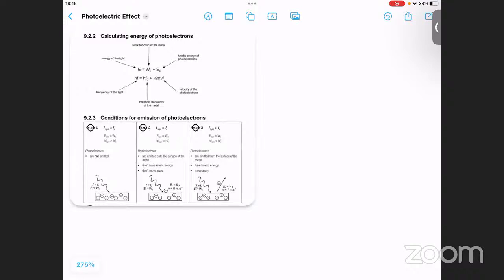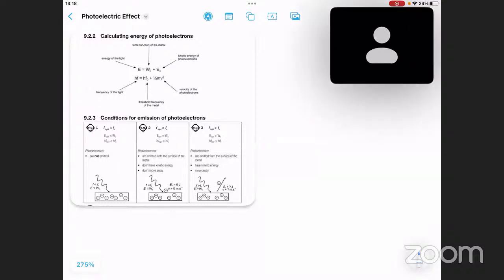This is just so that when we do some calculations, we will refer to this information. So very quickly, let's look at some conditions for emission of photoelectrons. I'm going to try and create a scenario which helped me to understand this topic even better. It might not be 100% relevant, but it is just for the purpose of us understanding what is happening there.